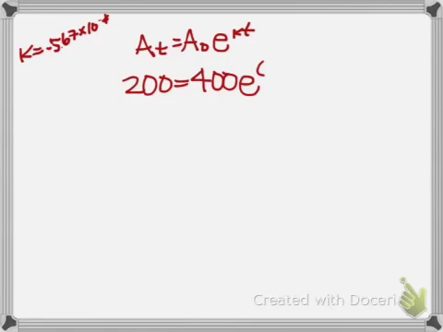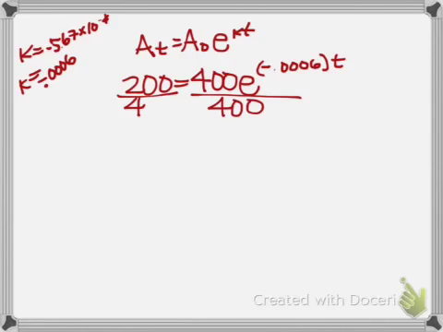Now our k was in scientific notation. We need to put it in standard form. So negative 0.0006 times time. Now we're going to solve for t. So divide both sides by 400. e to the negative 0.0006t.